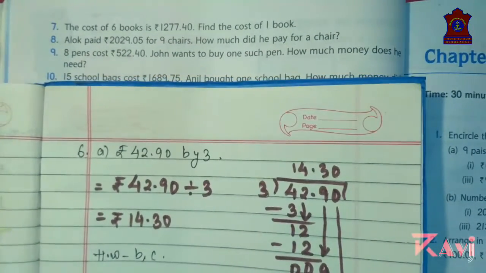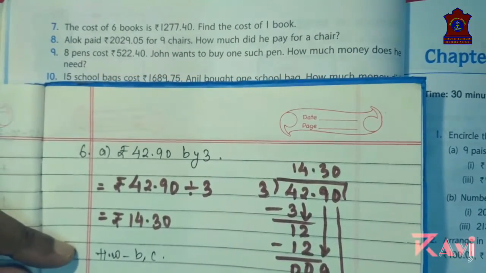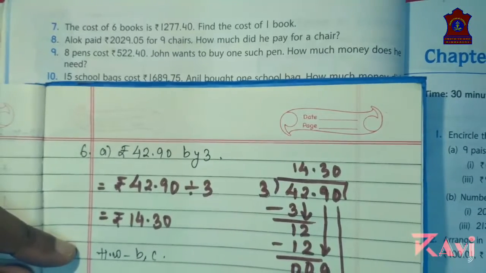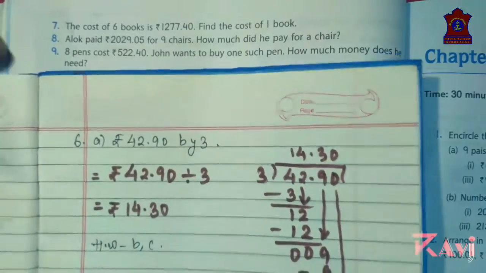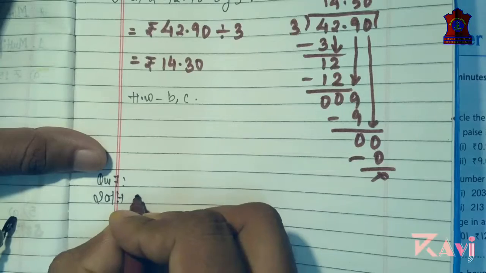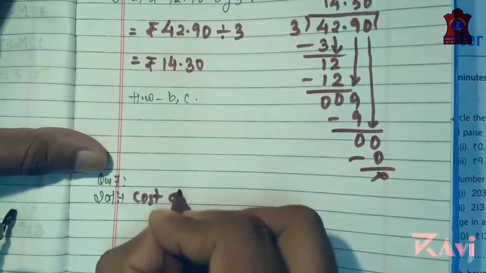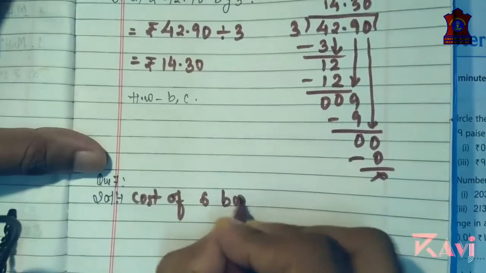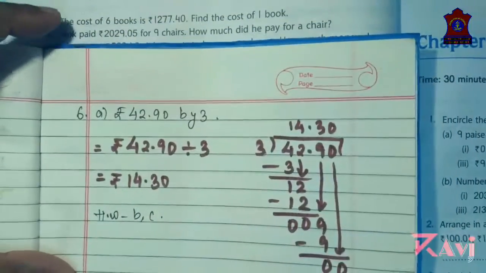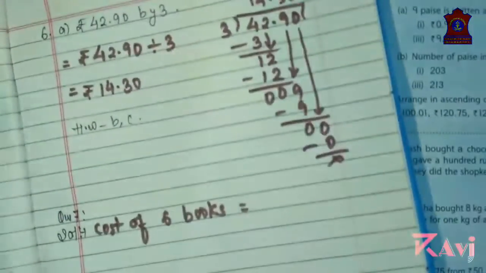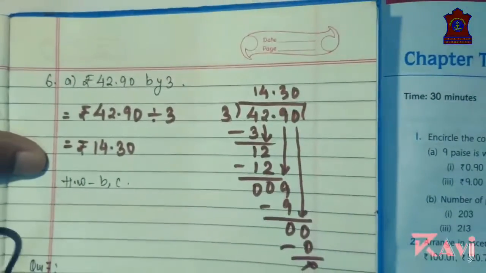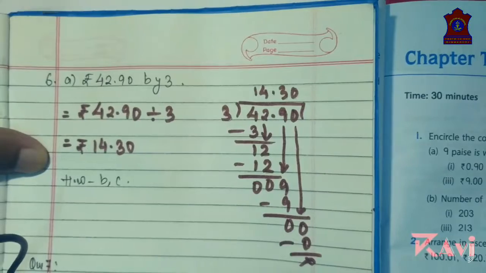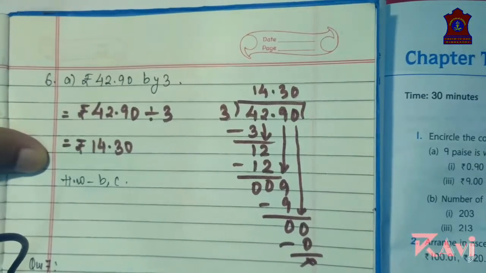Question number 7. Solution. Cost of 6 books equals rupees 1277.40.